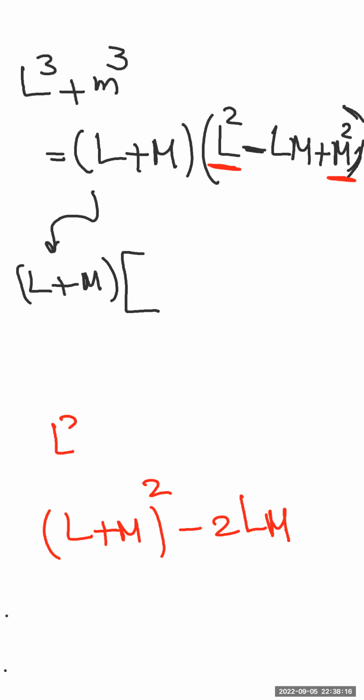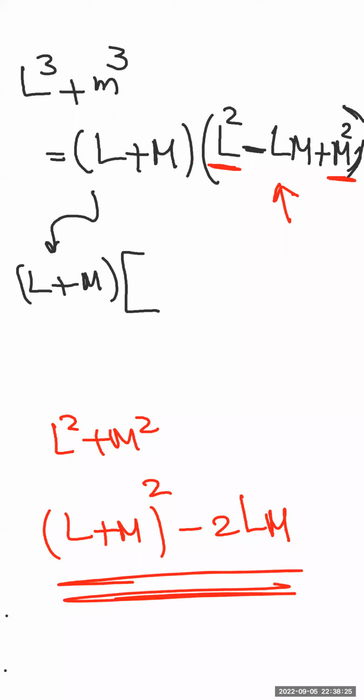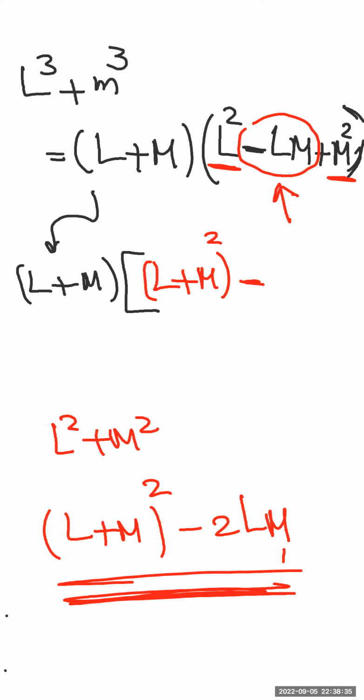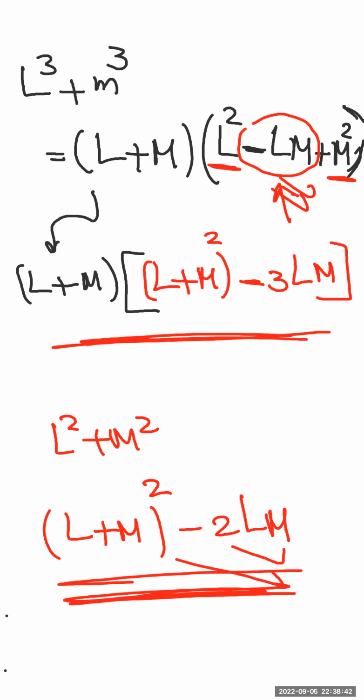Now, L squared plus M squared on the top form, just substitute using this one, then minus LM. So now here, L plus M to the power 2 minus 2LM minus LM, so minus 3LM. Okay?